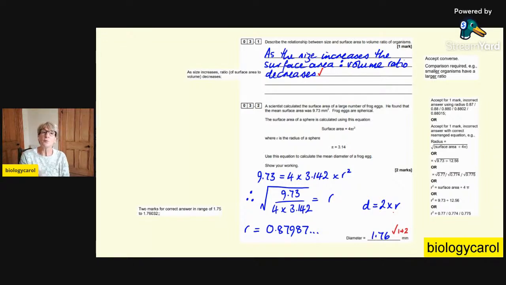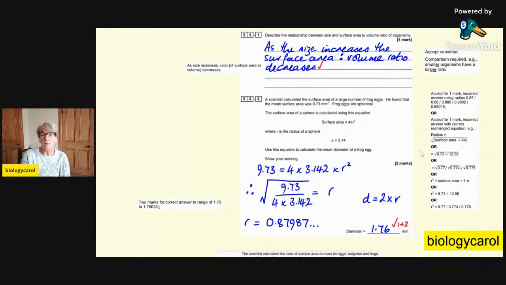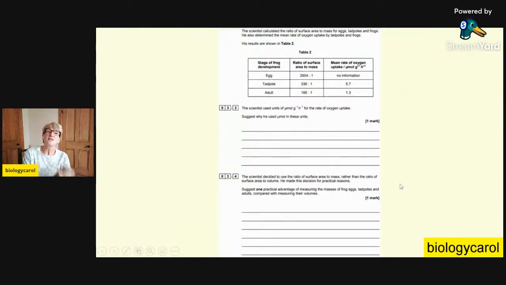Okay, sorry, wrong, let me click. Here we go. The scientists calculated the ratio of surface area to mass for eggs, tadpoles, and frogs. He also determined the mean rate of oxygen uptake by tadpoles and frogs.